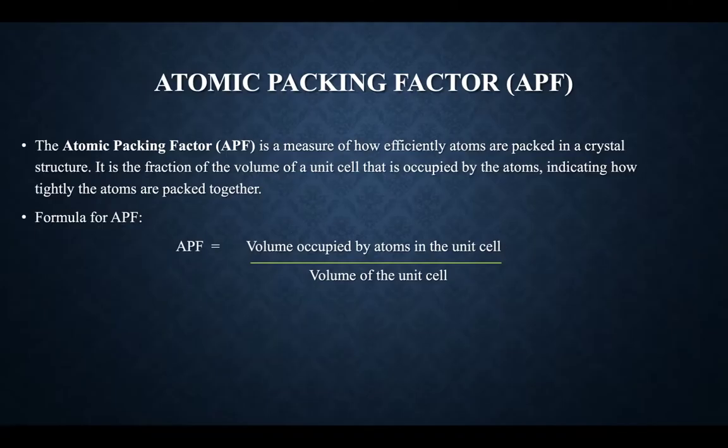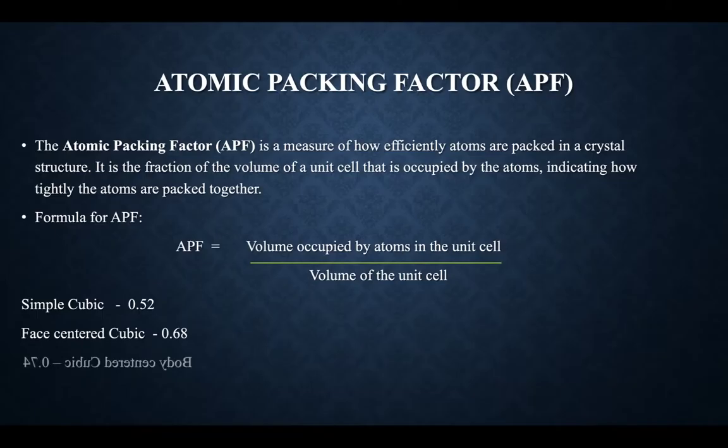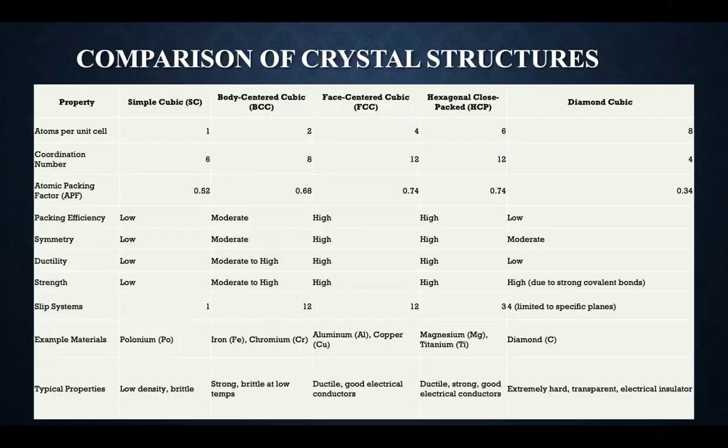APF is equal to the volume occupied by atoms in the unit cell divided by the volume of the unit cell. The APF of simple cubic is 0.52, FCC is 0.68, body-centered cubic is 0.74, and hexagonal close packing is 0.74.